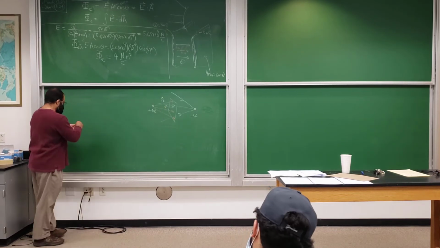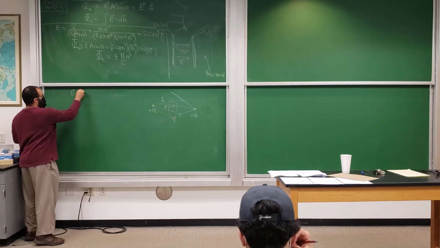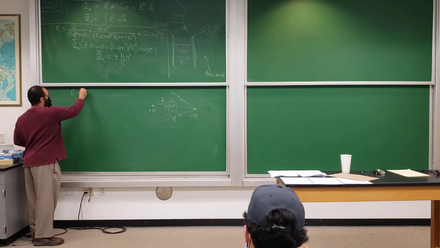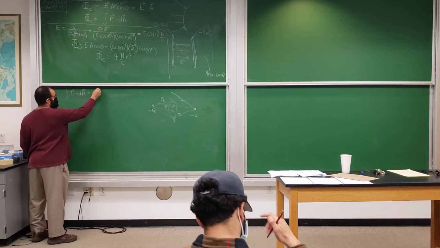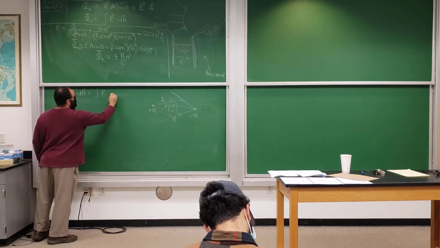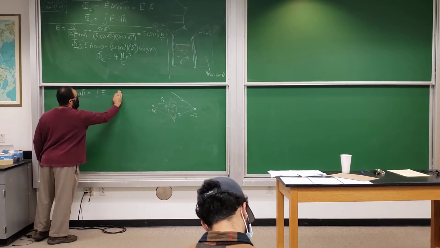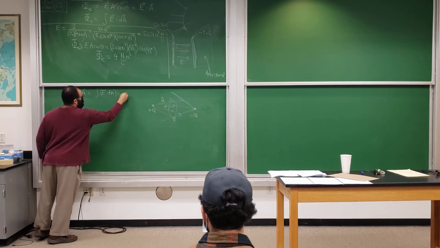So E dot dA, when I calculate the flux, I have to do this integral, right? So that means E times dA times the cosine of the angle between them, right?